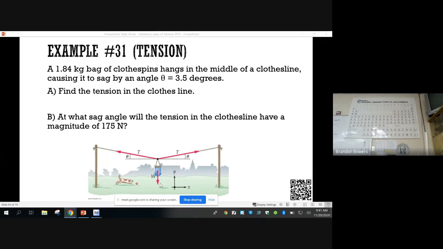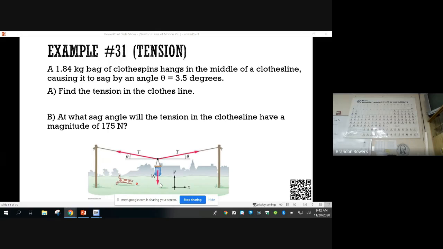No. Is there any horizontal tension? Theoretically, yeah. I guess so, yeah. So you can solve for x, if you wanted to.